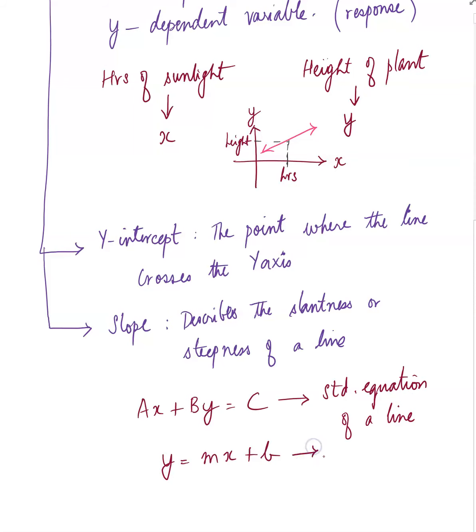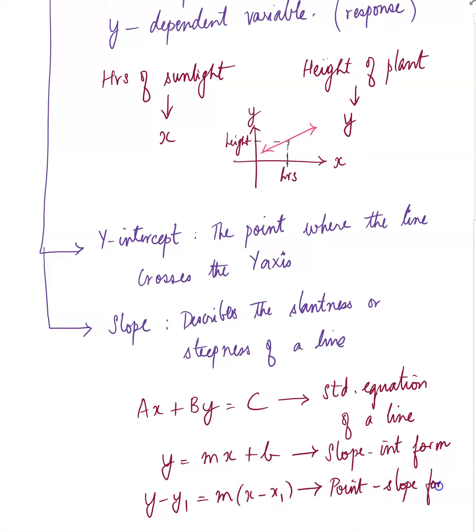This was the slope-intercept form. Then we also saw y minus y1 equals m times x minus x1. This was the point-slope form. Out of the three forms, we will be utilizing the slope-intercept form here. And if you recall, this m is your slope and this b is your y-intercept. That's why we describe the y-intercept and the slope.